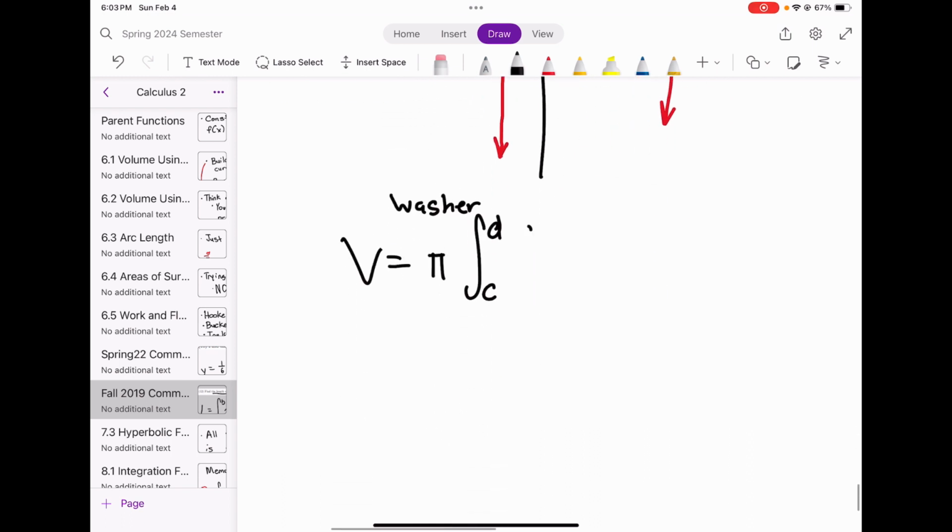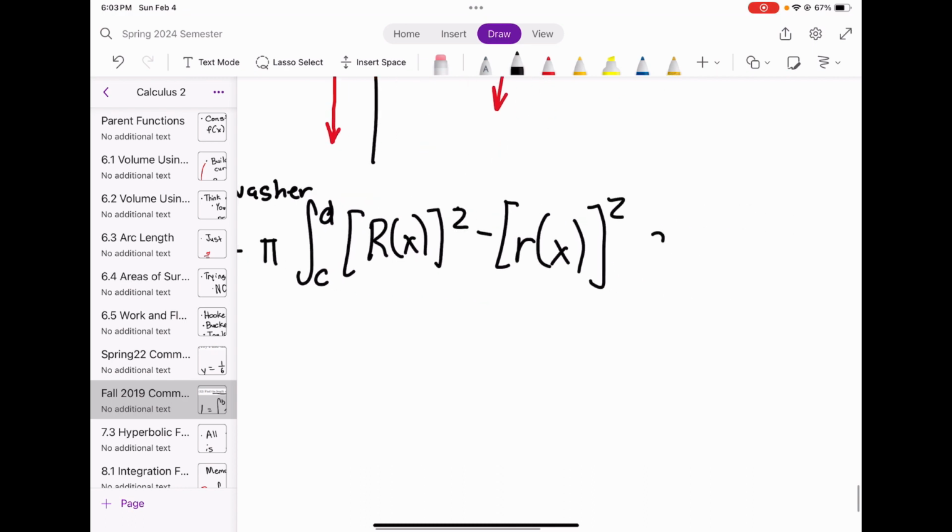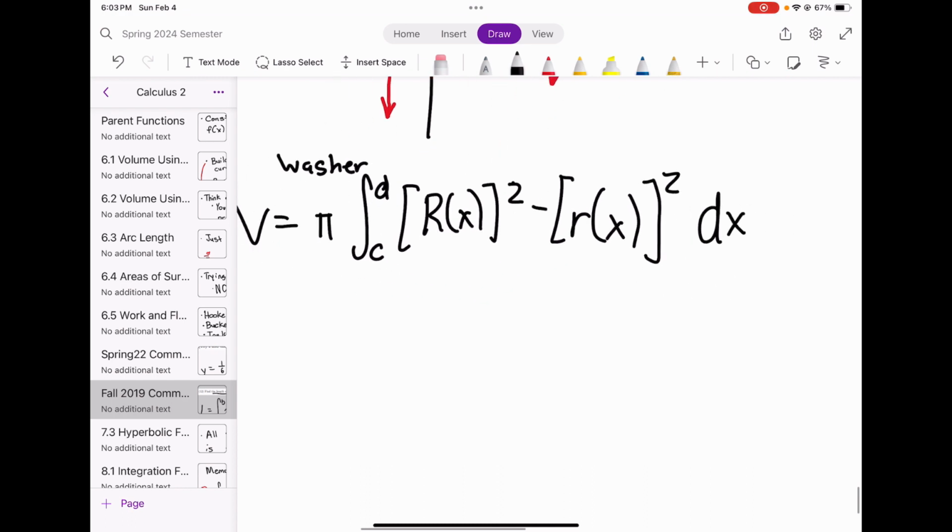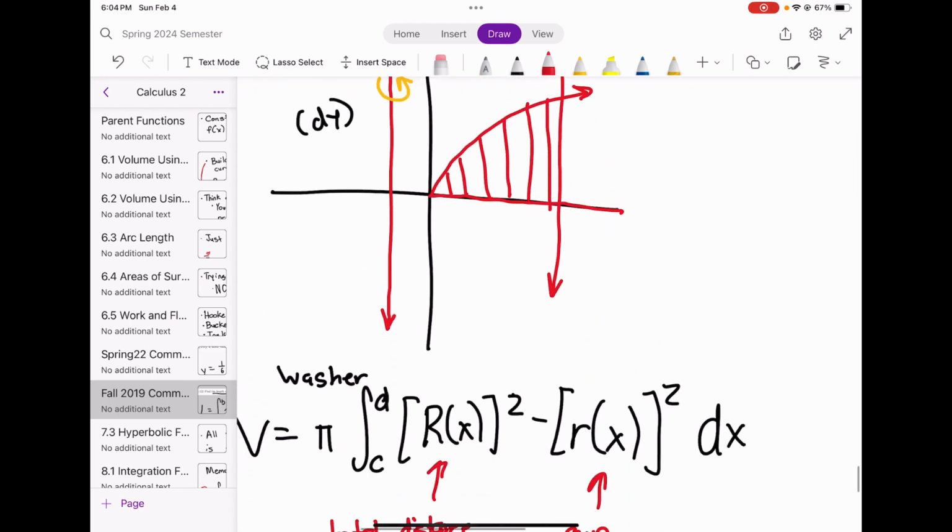So C to D of big R squared minus little r squared dx. This represents the total distance, and this represents the gap. Right, pretty straightforward stuff.